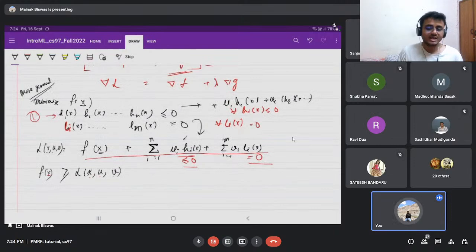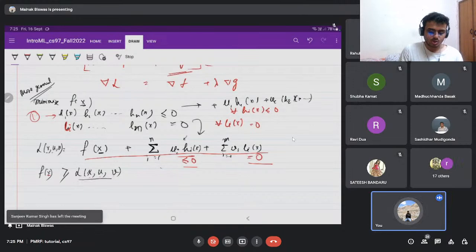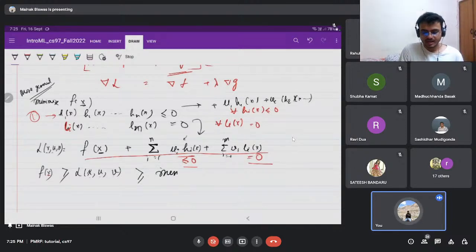Now you see f of x, which was a constrained problem, can be changed to, so if you minimize, you see right hand side does not depend on x. And left hand side also it's true for all x. So what can I do? This is also equal to, or you can write, minimum over x of L of x, u comma v. So you marginalize the x out.